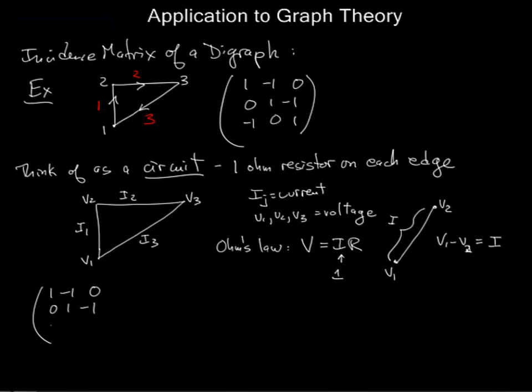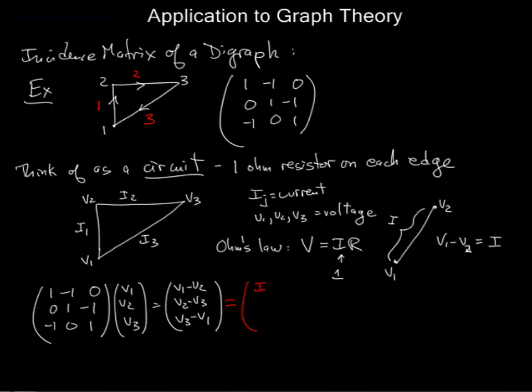So this matrix is telling us something. Consider this equation. You multiply this matrix on this vector v1, v2, v3, you get these differences. And from what I just said, these differences are these currents that I was talking about.